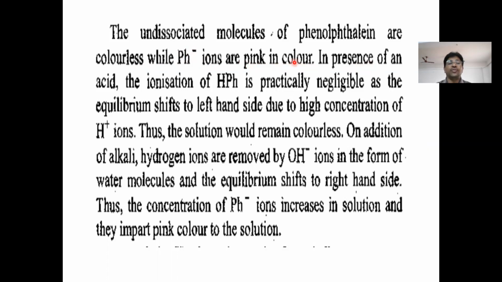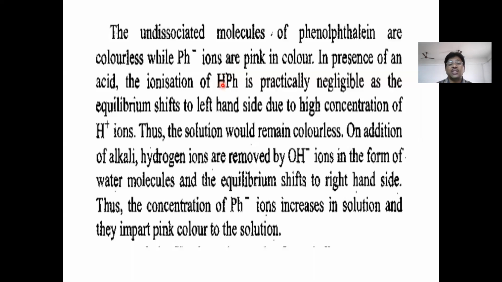In presence of an acid, the ionization of HPh is practically negligible. Why is it negligible? Because of the common ion H plus. In acidic medium, H plus will be there. In HPh dissociation also H plus will form.